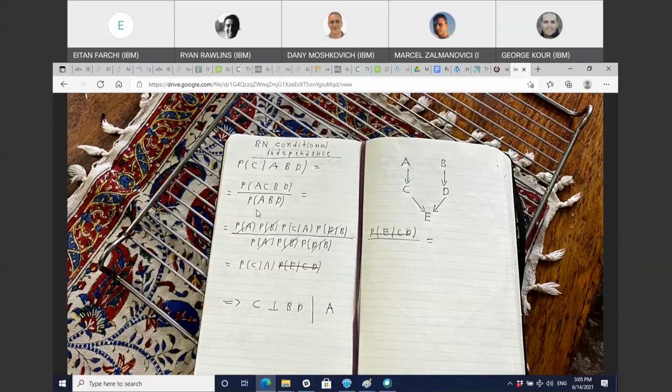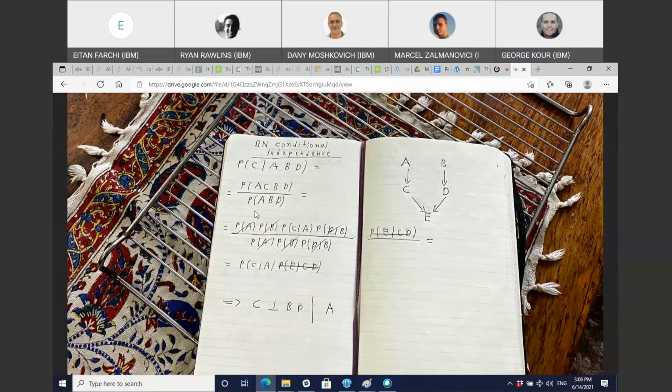Now I'm going to factor the two joint probabilities. One is A, C, B, and D, and the other is A, B, D. But I'm going to use my information about the Bayesian network.